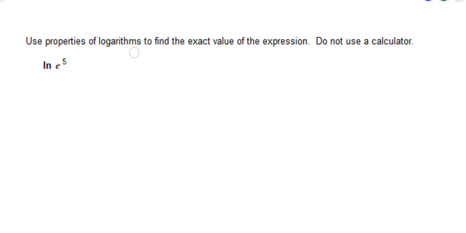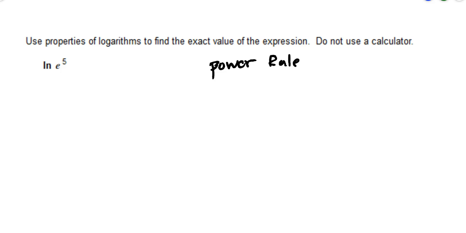Use properties of logarithms to find the exact value of the expression. Do not use a calculator. This expression is natural log e to the fifth. So for this example, I'll start off by using the power rule for logarithms.